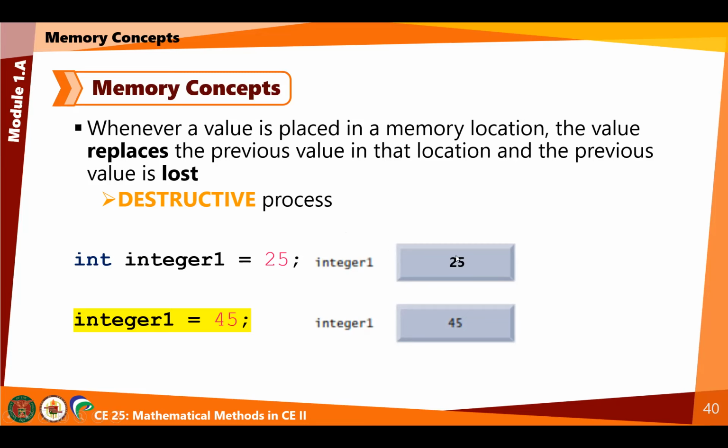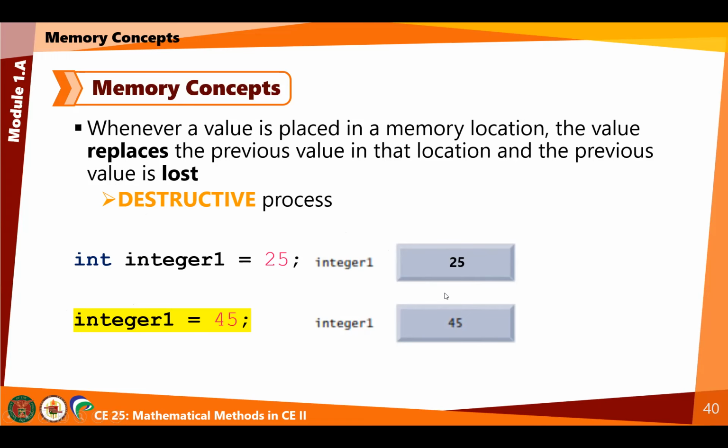After this line, the value of the integer is equal to 25. However, when I put the line integer 1 equals 45, it will replace, or it will destroy, thus destructive process, the value 25 in the memory space of integer 1 and replace it with 45.